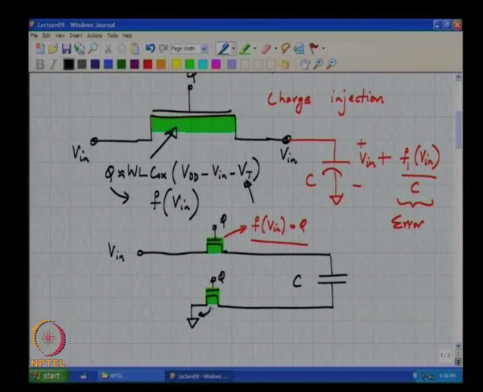However, the charge in this channel is constant and independent of the input, which means that this injected charge will cause an error on the capacitor voltage, and that error will be Q injected divided by C, with the difference from the earlier case being that Q injected is independent of the input. Does it make sense?